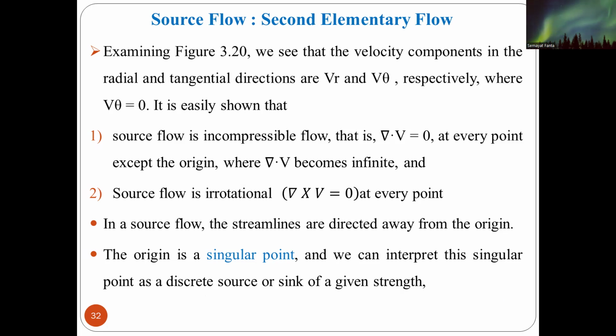The source flow is an incompressible flow. That is, the divergence of velocity is equal to 0 at every point except the origin, where the divergence becomes infinite. Source flow is irrotational also.